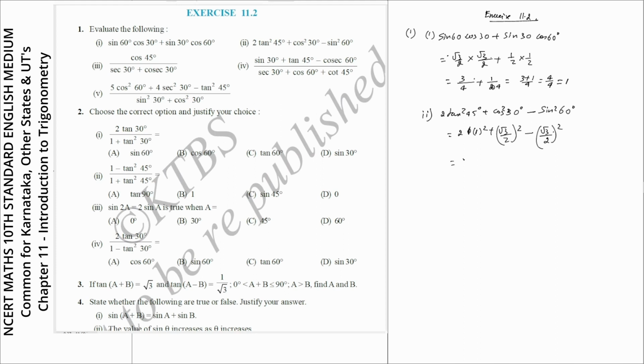Then 2 into 1 square is 2, plus root 3 by 2 squared is 3 by 4, so root 3 into root 3 I'll get 3 only, and 2 into 2 is 4, minus, so here also I'll get 3 by 4. So this plus 3 by 4 minus 3 by 4 will get cancelled, 2 is the answer.